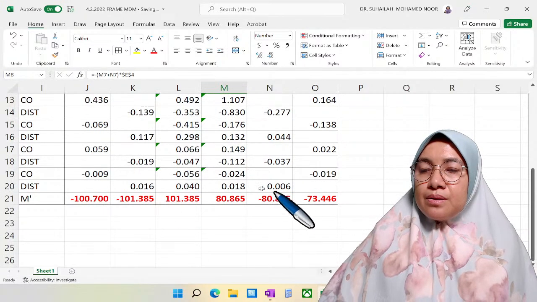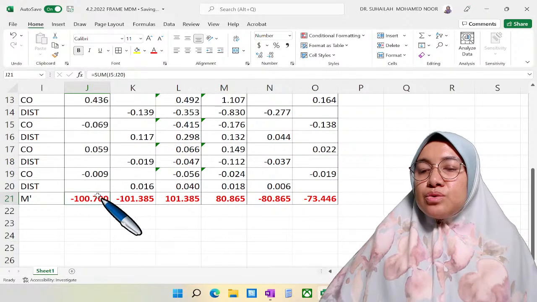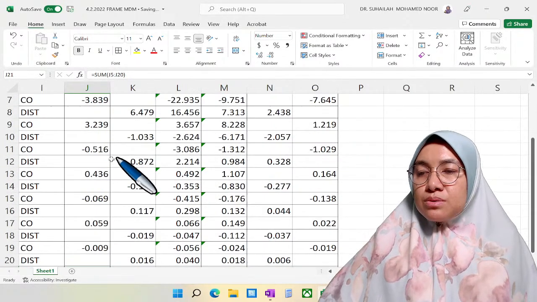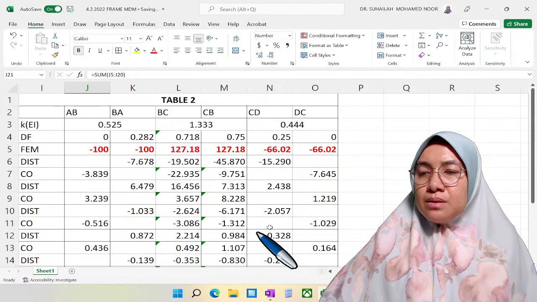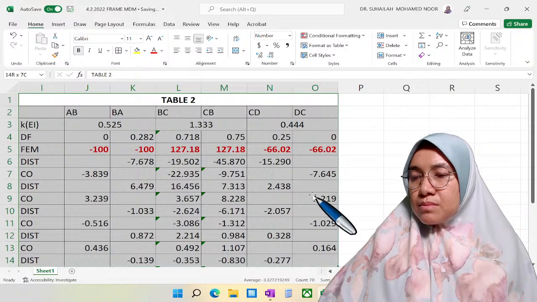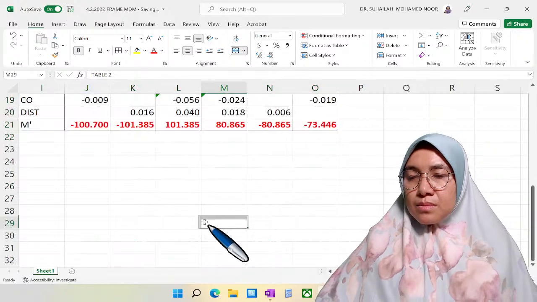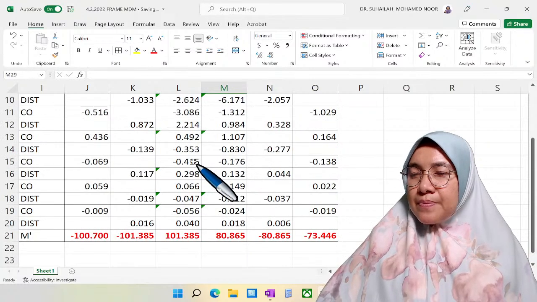Okay, this is M prime. So this is M prime. So I copy this table.